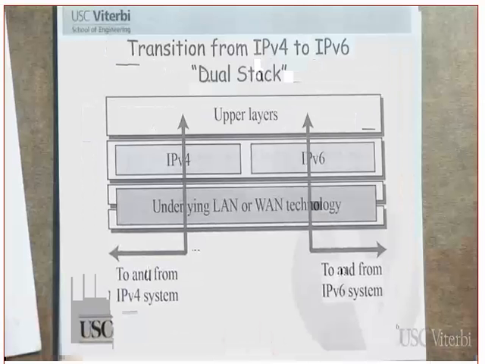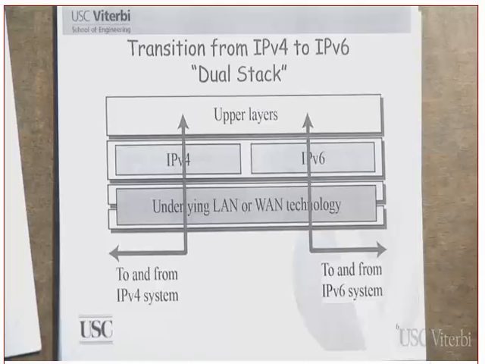Dual stack means you implement both IP version 4 and IP version 6 in your computer. So it has two stacks, which means you would need two addresses, an IP version 4 address and an IP version 6 address.